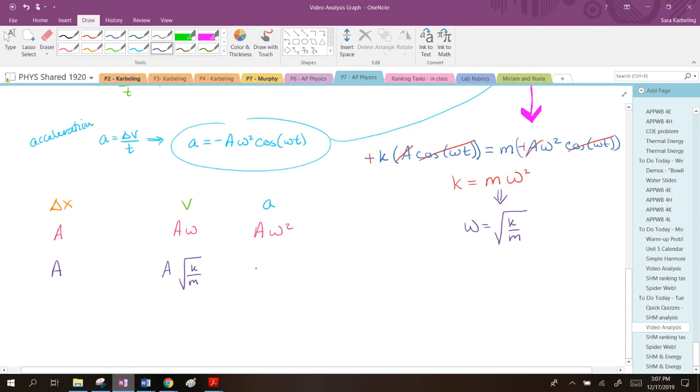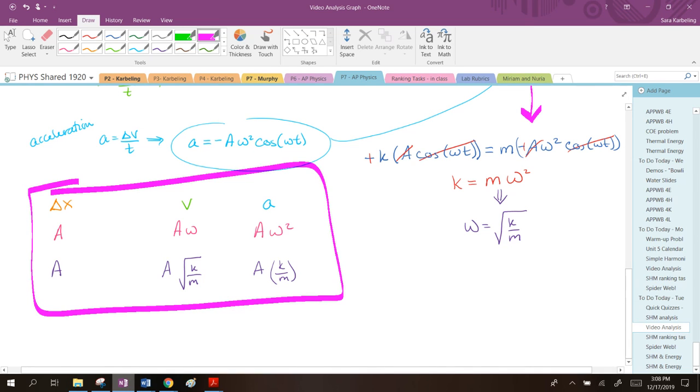And this guy here is A times, well, that's k over m. And then you flip your paper over. And what just happened? Holy bananas, they are the same. Did you see that? It's exactly the same thing. Put a big box around this if you haven't done it already, because that's a big deal.